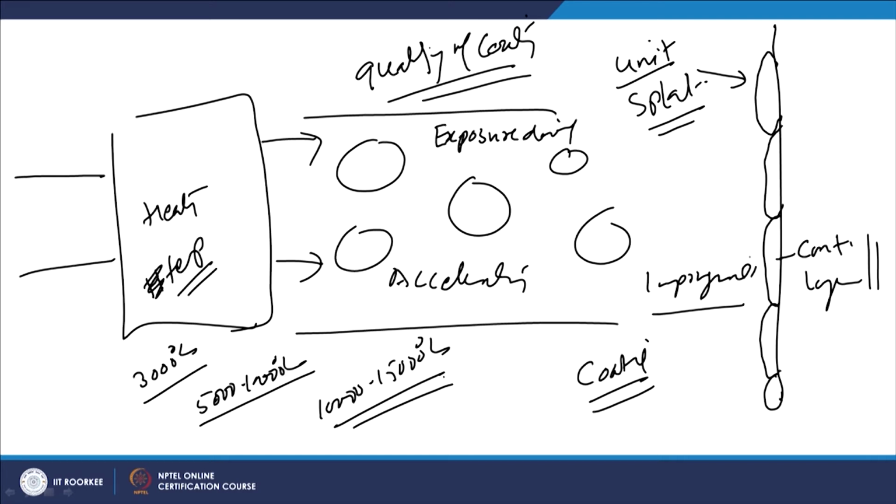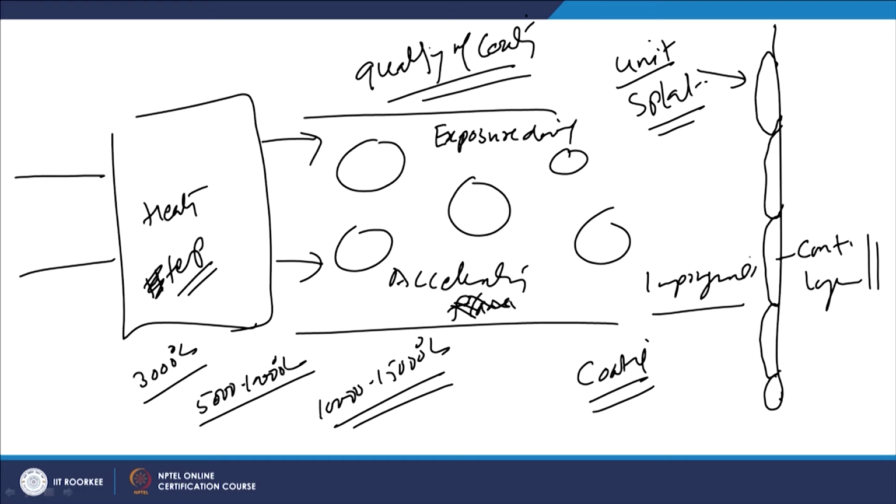The acceleration magnitude will vary significantly, and accordingly the particle velocity. There are two aspects: one is the velocity at which the hot flue gases will be moving, and the other is the velocity at which the particles will be moving within the flame. Normally the velocity of the flame, or the hot gases or the plasma, is higher than the velocity of the particles, which finally impinge with the surface of the substrate.